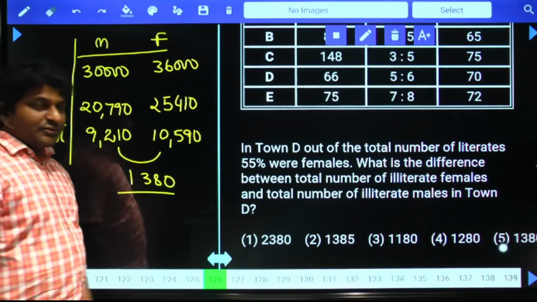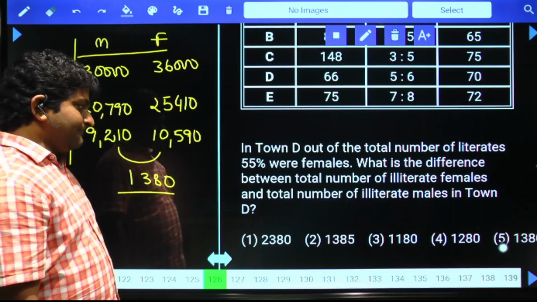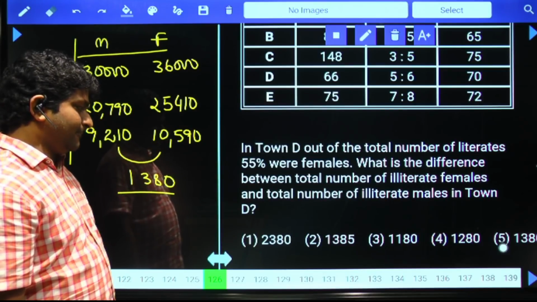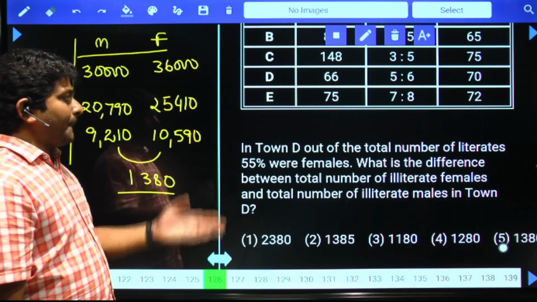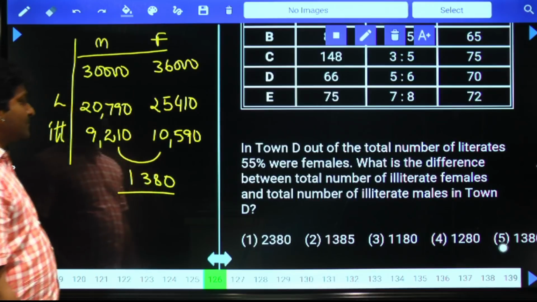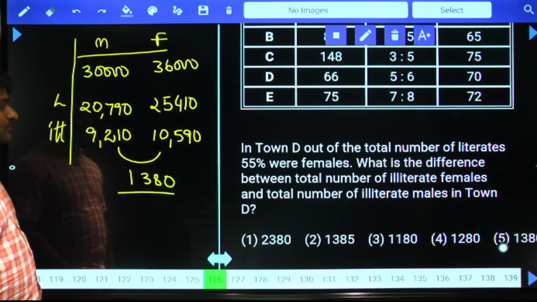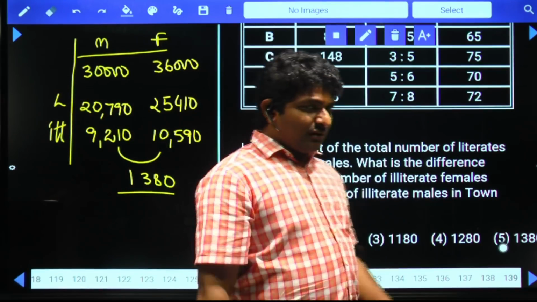So simplification took a little bit of time, but here you don't have to solve this much simplification.